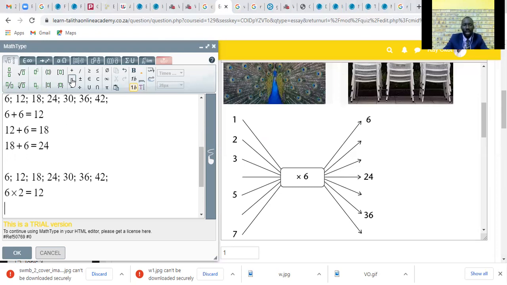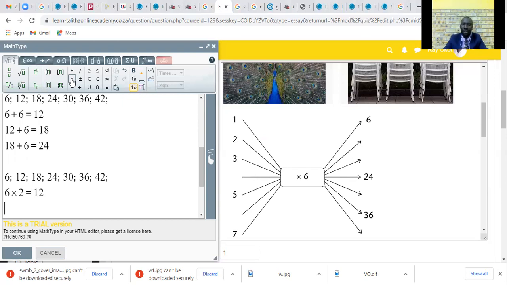Well, if we move to the next, from 12, how do we get to 18? Now, notice the multiplication becomes a little bit tricky there. By multiplication, that would disturb us. Instead, if you are using the method of multiplication, then you have to be very careful.